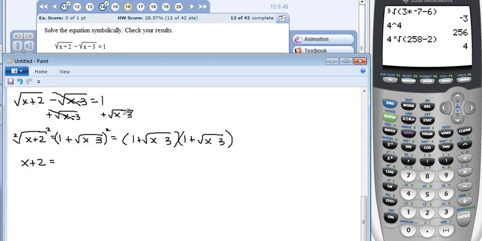All right, so this is supposed to be a minus. I don't know why I changed that to a plus. This becomes a positive, but this stays a negative. All right, so let's FOIL again. 1 times 1. And I've got one of these and another one of these, so I have two of those.